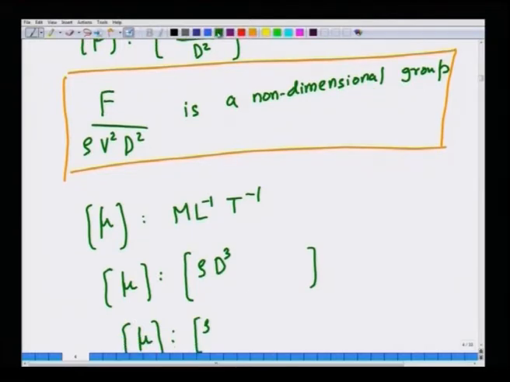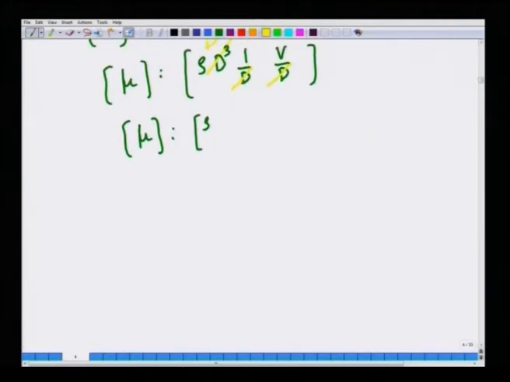I am sorry, let me do this again. T to the minus 1 is V over d. So, you will have d cubed and 2 d's cancelling to give d squared here, to get finally rho d V. So, the dimensions of mu, the viscosity, is identical to the dimensions of rho d V.